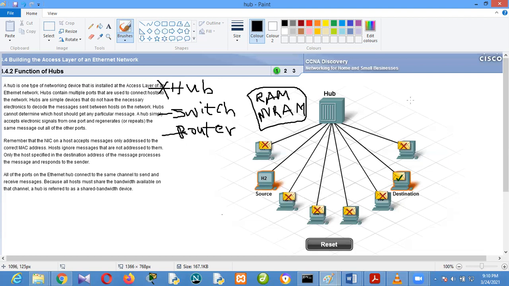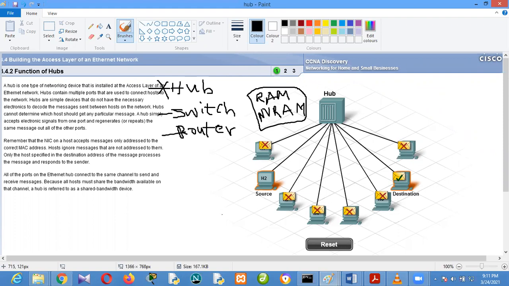Now, for you to save your work and still recover it, when you save, it is saved on the hard disk, right? So even if something goes wrong, maybe when the power goes off, your work is still saved on the hard disk. The same thing is applicable to the switch and router.